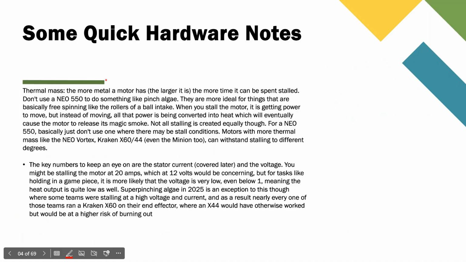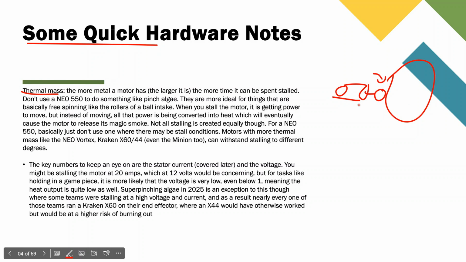Now, this is going to be a lot of text, but there are some extra notes here. One is the term thermal mass. Thermal mass is just how much heat your motor can withstand, right? We have a motor here, and it is trying to spin into something, but it's stalling, right?